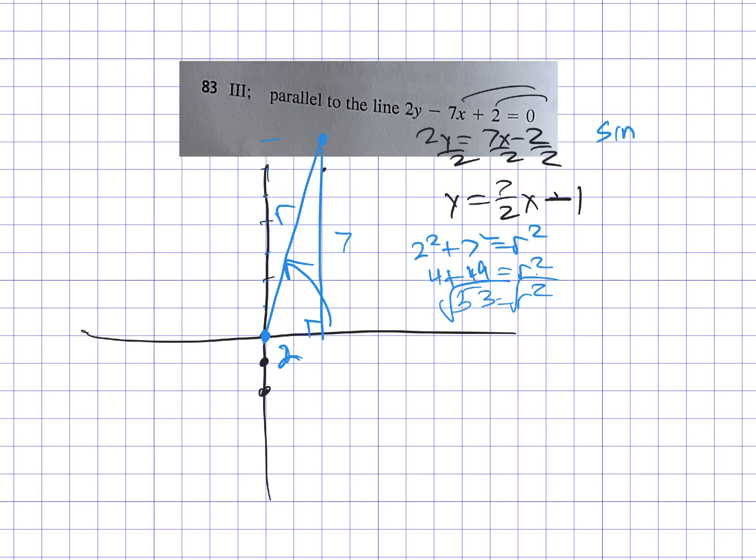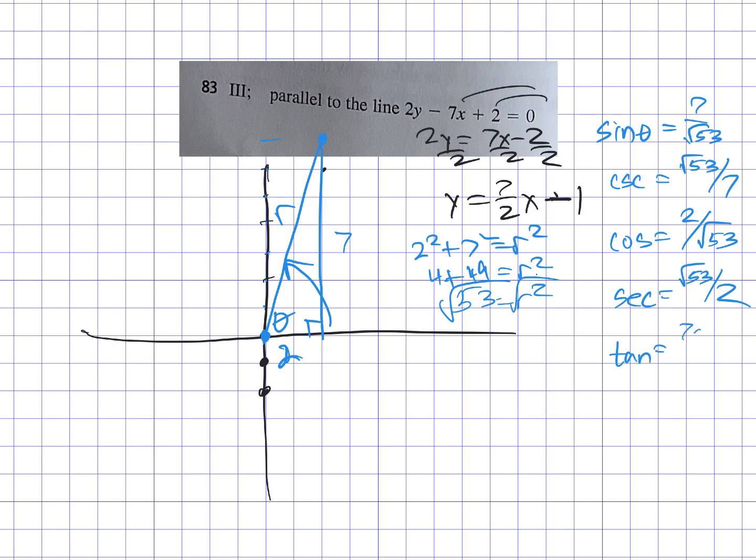All right, sine of theta, opposite leg over the hypotenuse. Okay, so the cosecant is the square root of 53 over 7. Cosine, adjacent leg over the hypotenuse. Secant is a reciprocal. Tangent, opposite leg over adjacent, and the cotangent is the reciprocal.